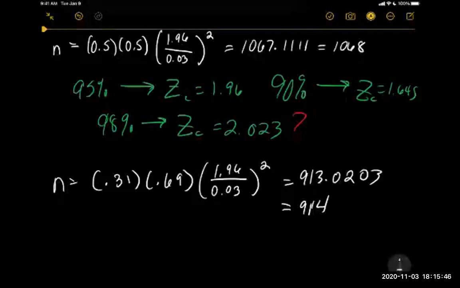But if I did have an idea of how people were going to vote, and I thought that 31% were going to vote for my candidate, I would need 914 total surveys in order to tell who was going to vote for my candidate. That's the number I would need.